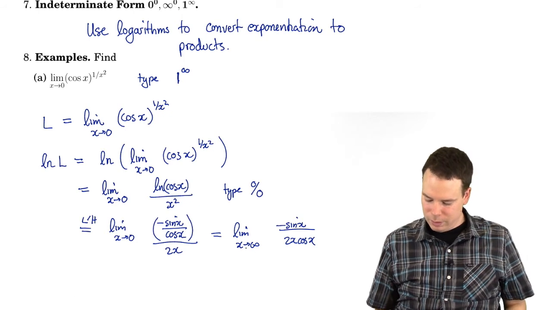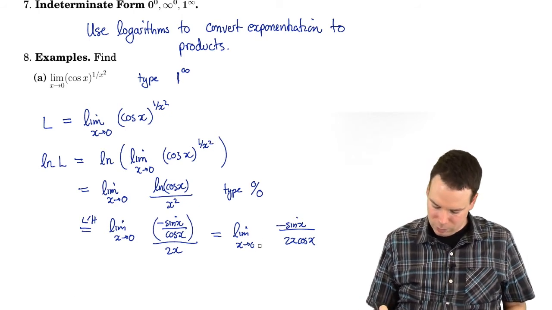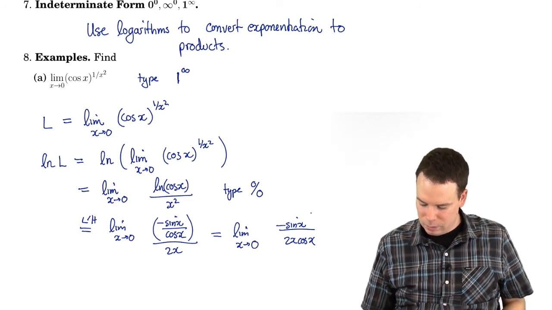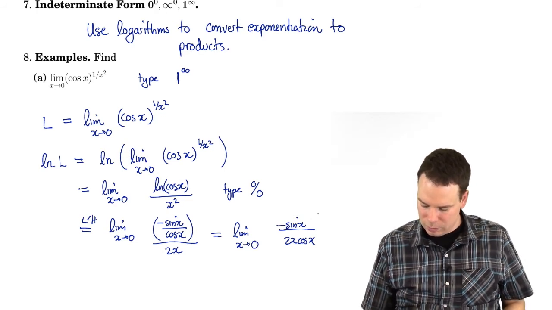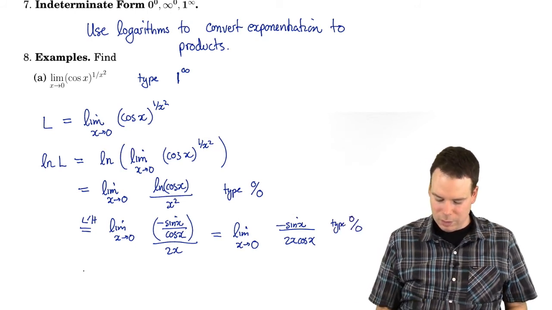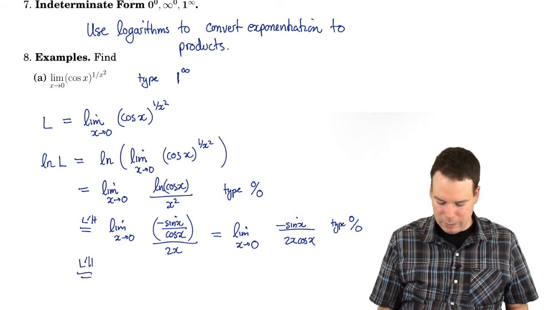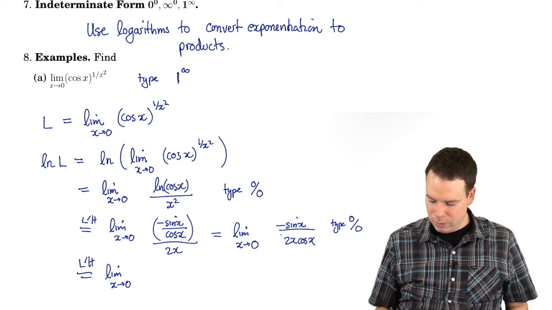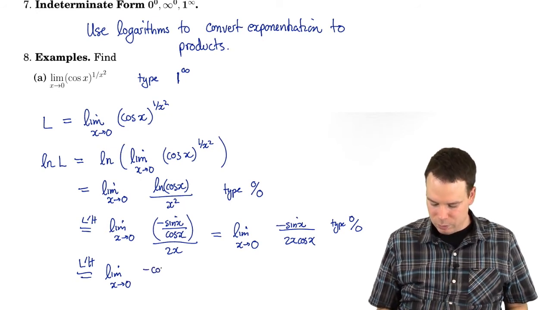Now what do I do? Well, as x goes to, it shouldn't be infinity, I'm not sure why I wrote that there, but it's as x goes to 0. This top is going to 0. The bottom's going to 0 as well. So it's of type 0 over 0, so we can use L'Hopital again. The limit as x goes to 0, the derivative of the top, that's negative cos of x.